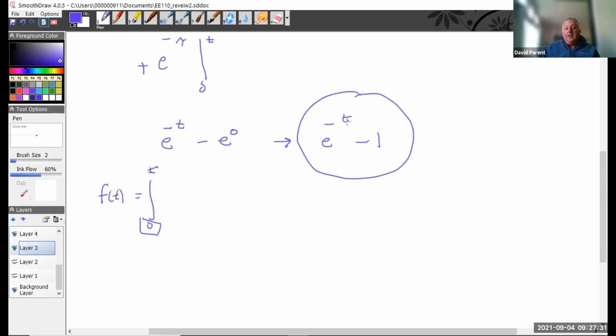The only way to do that is, e to the minus t will do this, but minus 1 is minus 1 for all time.